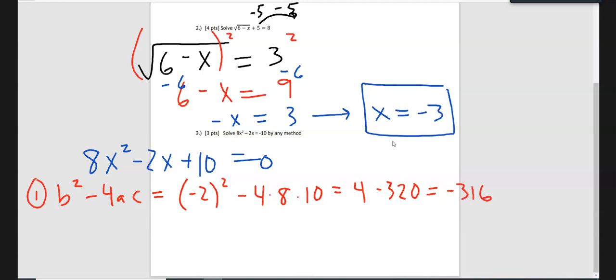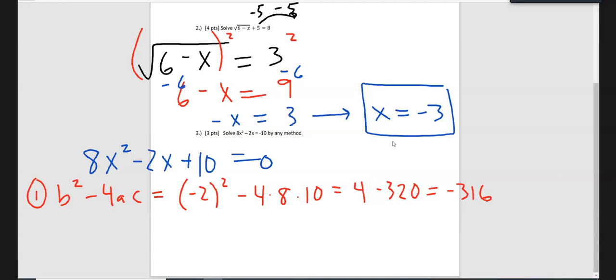I do not think that is a perfect square. Plus it's imaginary, so let's see here. The square root of 316, yeah, that's definitely not nice. Did I do that right?